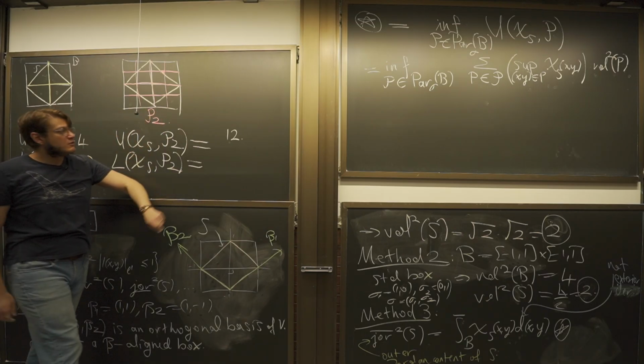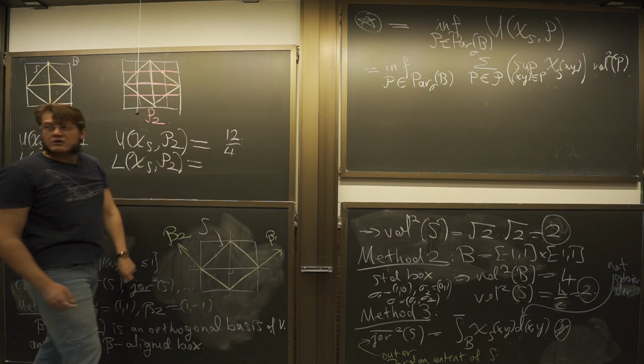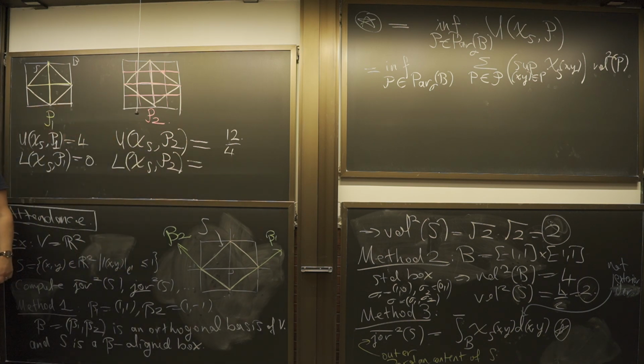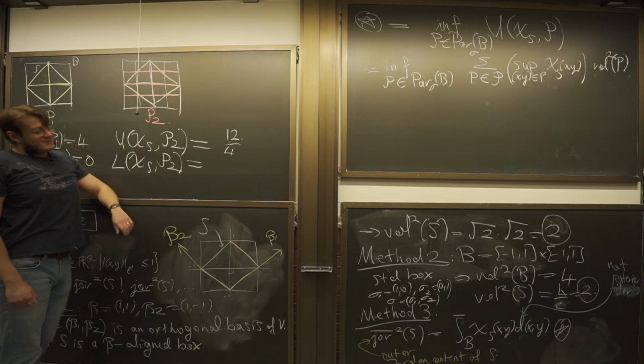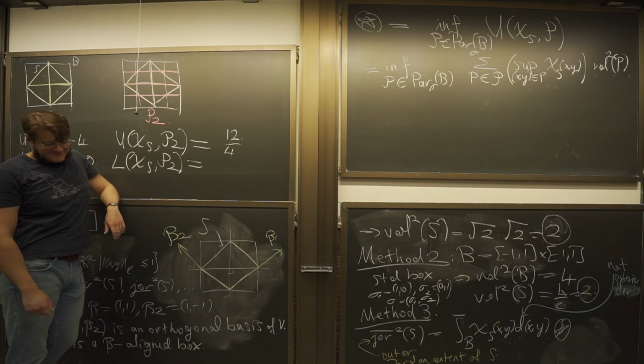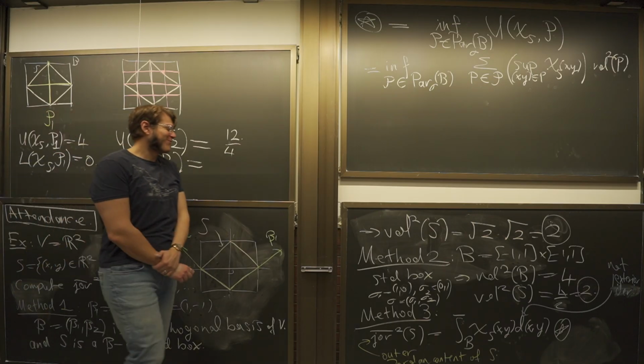Yes? For the very outer corner squares, do they not intersect the shape, just barely, enough to be 1 under the max? Like, do they contain that point? Sorry. No, you're right. You're right.